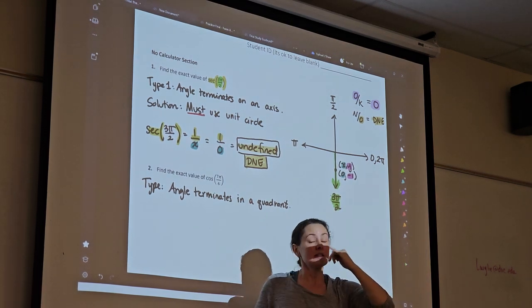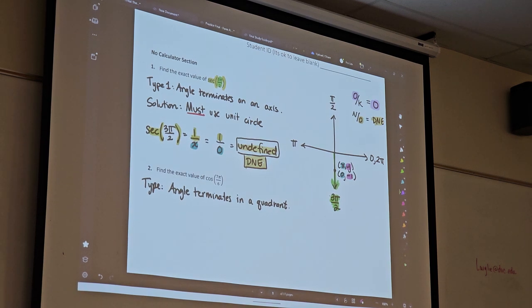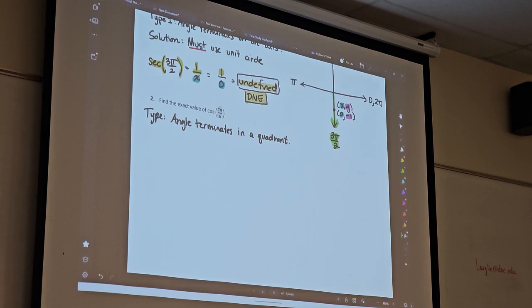Type 2, I'm gonna use a different color. My angle terminates in a quadrant. Right, I'm not on an axis. Just a little short, quick picture. I'm up here in quadrant 1, quadrant 2, quadrant 3, or quadrant 4. I'm gonna use a reference angle, together with another smart trig class, or all students take calculus, to pretend like I'm in a right triangle.